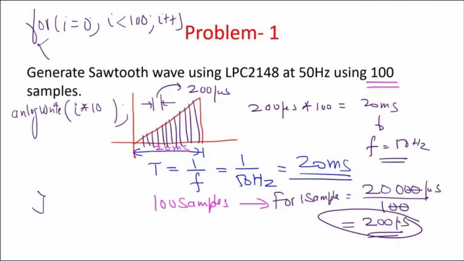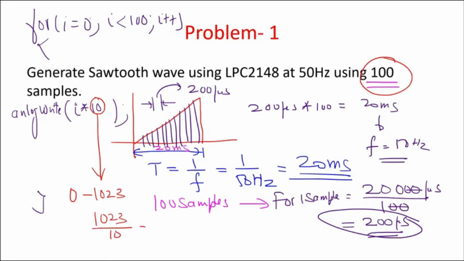So how did I figure out this 10? This figure is calculated from the total number of samples that I have to use, which is 100 samples. What is the maximum span of the DAC? 0 to 1023. If I divide 1023 by 100, I would end up with 10.23.